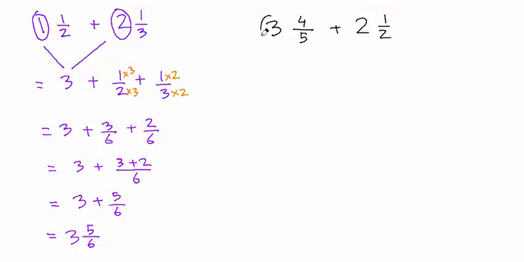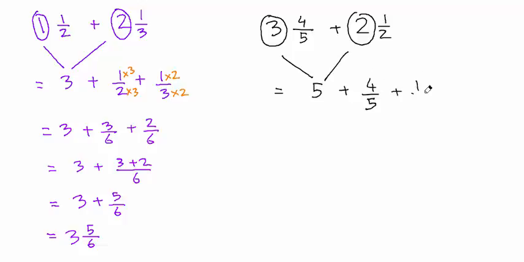add the whole numbers together, so you get 3 plus 2, that's 5. So this is equal to 5 plus 4/5 plus 1/2. The LCM of 5 and 2 is 10. In other words, 10 is the smallest number that 5 and 2 can both go into.